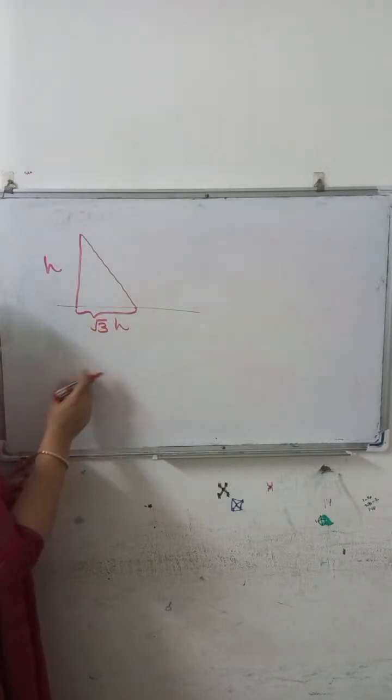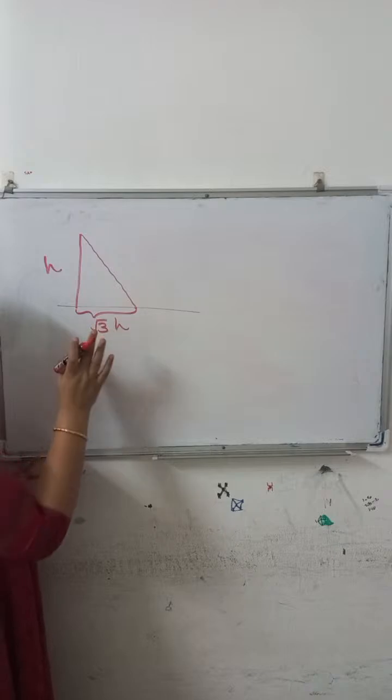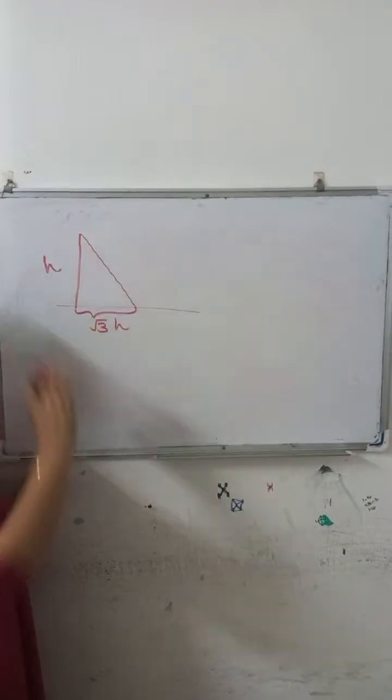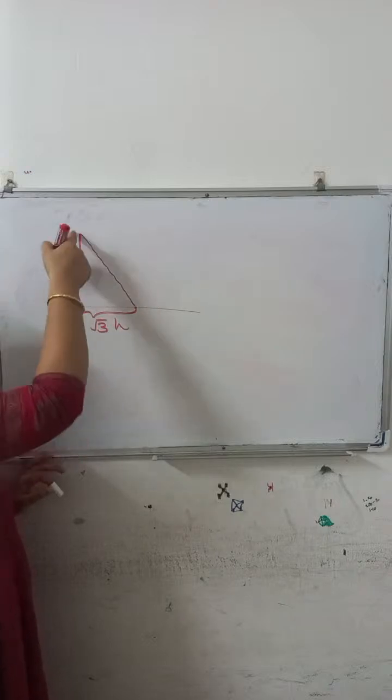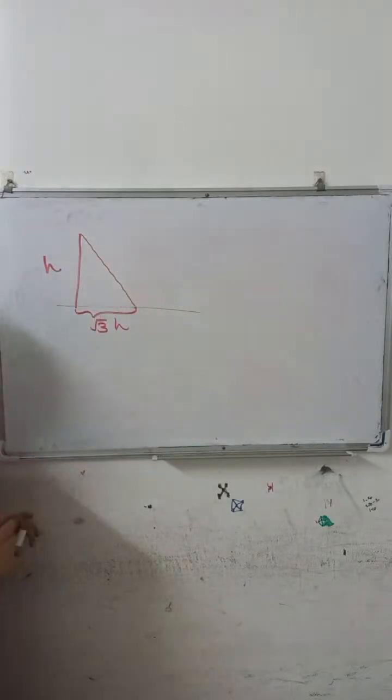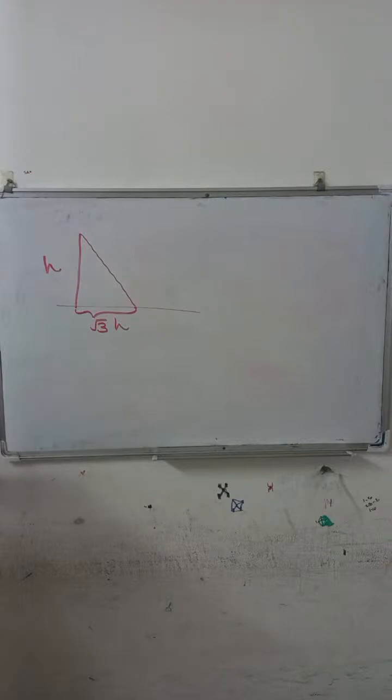They are saying the shadow is root 3 times the given height, and we have to calculate the angle made by the sun to the ground. So we have to find the angle of elevation of the sun.